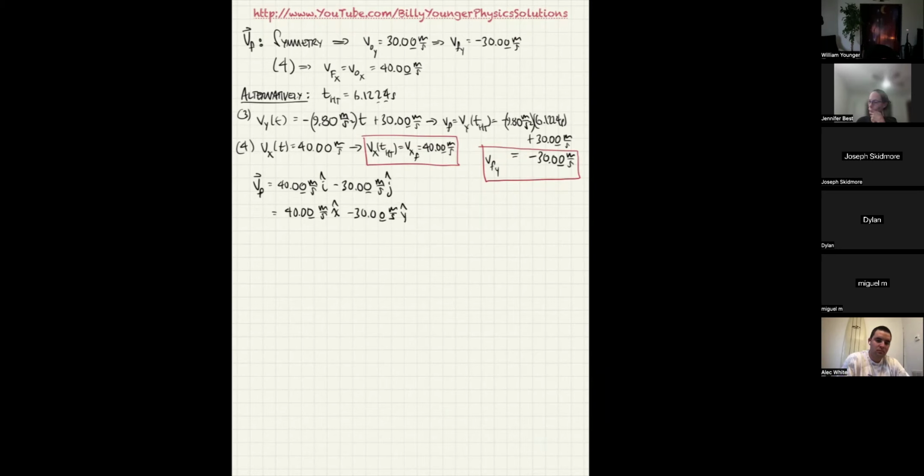Forgot my hat over here. And here's another way that can actually save you a ton of time in writing. I can also just write this as 40.0 meters per second, comma, negative 30.0 meters per second.